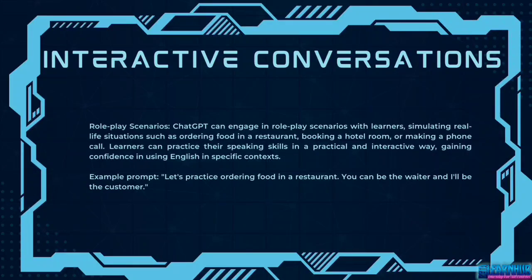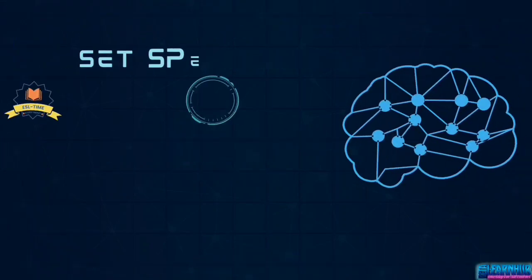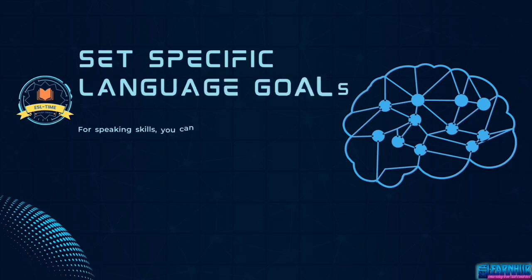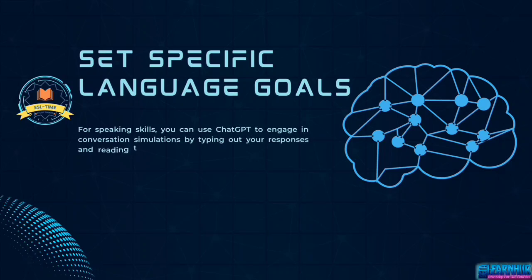Okay, so an example prompt: let's practice ordering food in a restaurant. You can be the waiter and I'll be the customer. And the more specific you are in the prompt, the better it is. So it's a good idea to set specific language goals. Okay.